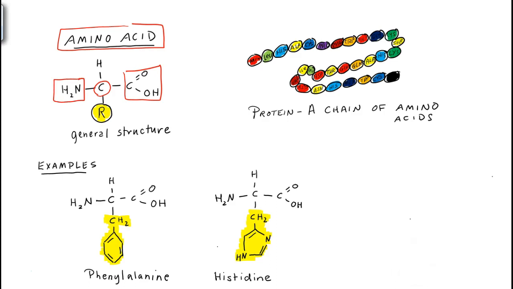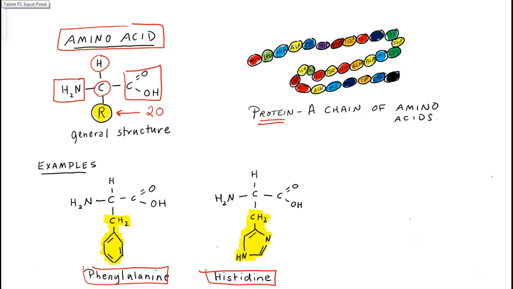And they have a hydrogen on the central carbon, but they have 20 different R structures, which signify each different amino acid. Some examples of amino acids are shown here. For example, phenylalanine and histidine. And amino acids are linked together to form proteins.